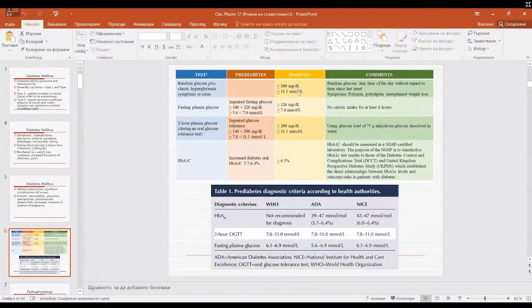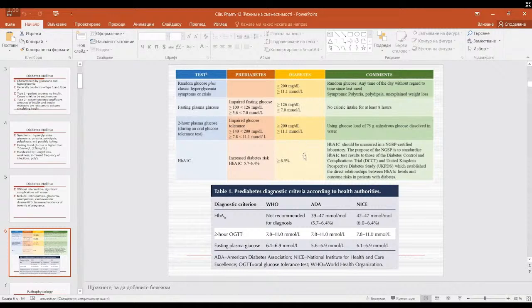If the patient has, let's say, a random glucose level measurement, it doesn't matter whether it's fasting, or after eating or drinking anything, if the patient's levels are over 200 milligrams per deciliter, or this is equal to 11.1 millimoles per liter, this is enough to make the diagnosis of diabetes.